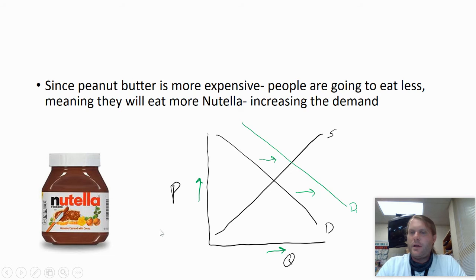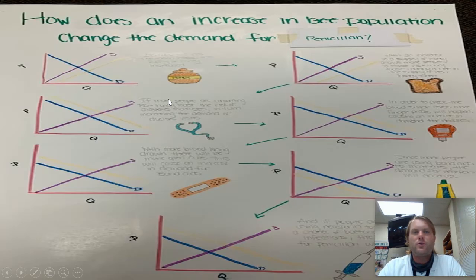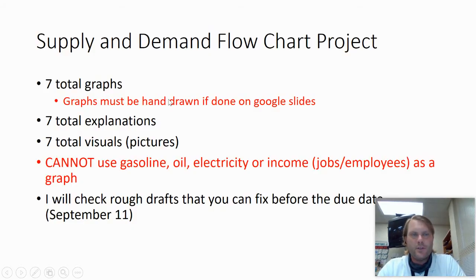I don't know, whatever, a peanut maybe, but that doesn't make sense because our peanut farm already got flooded. So maybe almonds. I don't know. Whatever you think of, be able to explain it in your explanation when you get to that particular spot. Okay, so those are, like I said, some examples of what your slides might look like if you do them digitally.